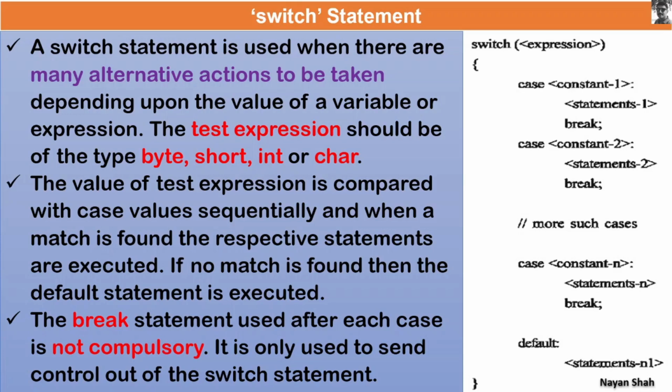But if we are asking questions where there may be more than two possible answers, then what to do? For that we can use the switch statement. So once again we read the first sentence: a switch statement is used when there are many alternative actions to be taken depending upon the value of a variable or expression.